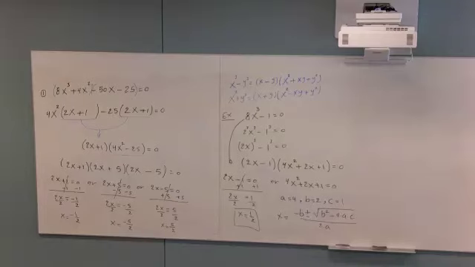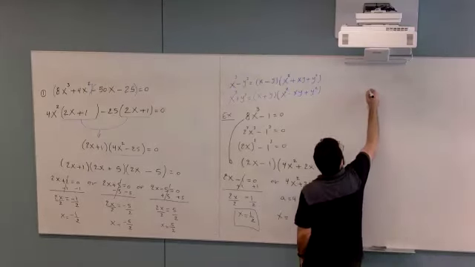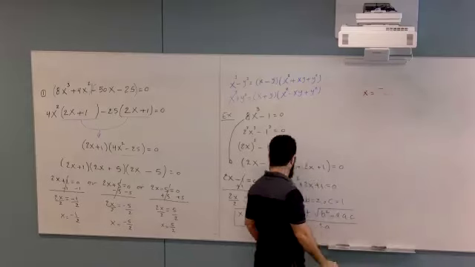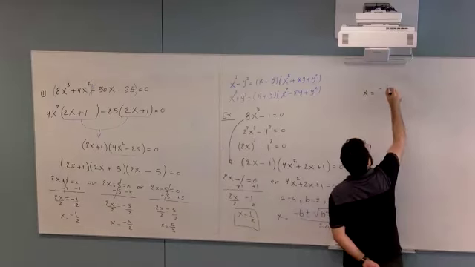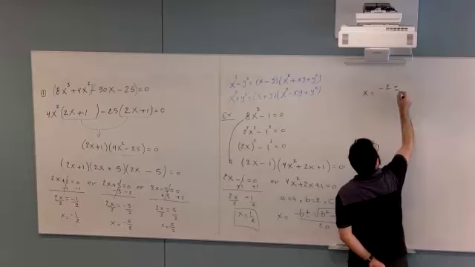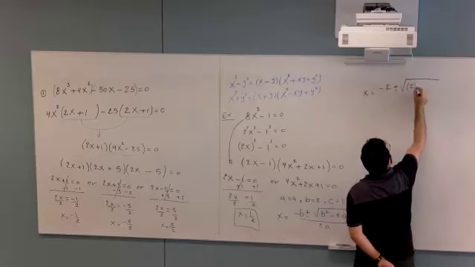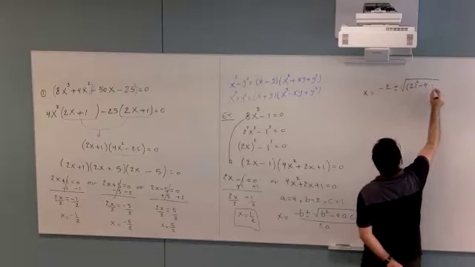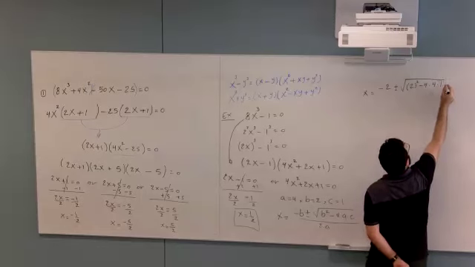Let's just plug in. That means x is going to be equal negative. How much is the value of b? It gives me negative 2, plus or minus square root of 2 squared minus 4 times a, which is 4, times c, which is 1.